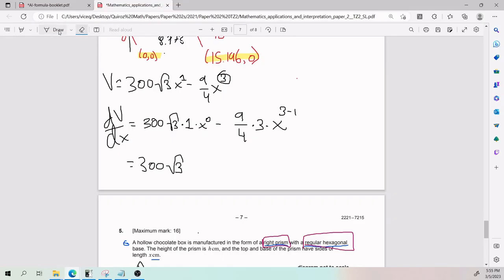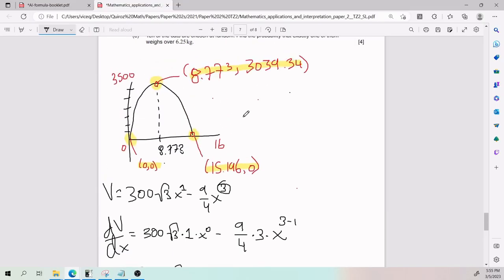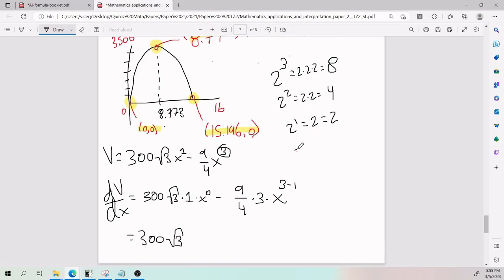All right. For anyone that's confused about that, I'll show you a quick example. See, if I have 2 to the power of 3, that's 2 times 2 times 2, which is 8. 2 to the power of 2 is 2 times 2, which is 4. 2 to the power of 1 is just 2. And 2 to the power of 0 is going to be 1.